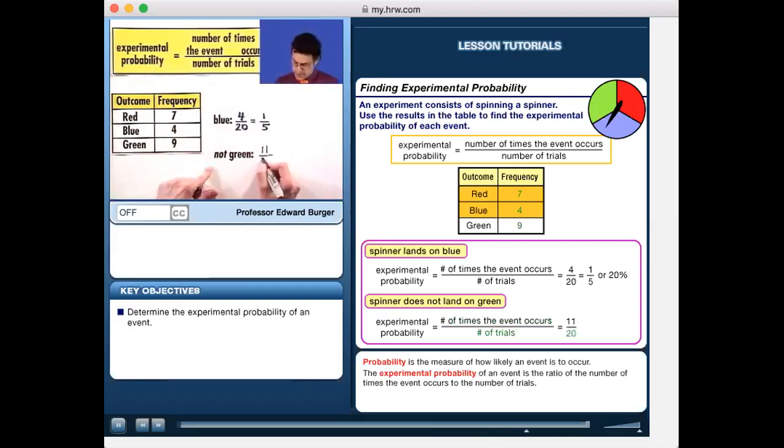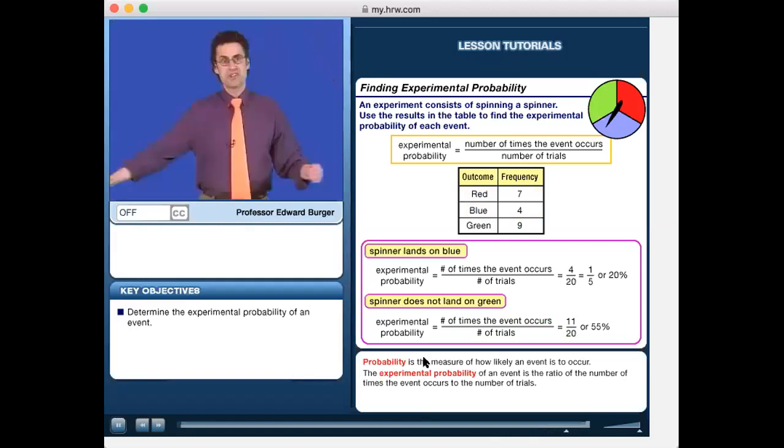So we see 11 over 20. That's the probability of not seeing green, which is 55%. So you can see it's a little bit more likely than not that we won't see green, but it's not so likely that we'll see blue. So you get a sense now of how to put a numeric value to a probability just through experimentation and looking at data.